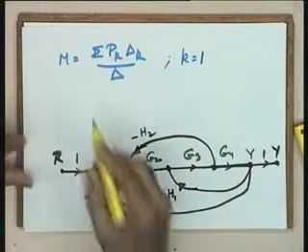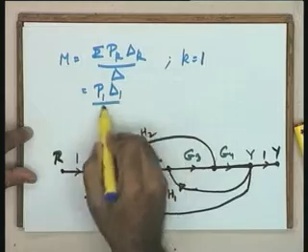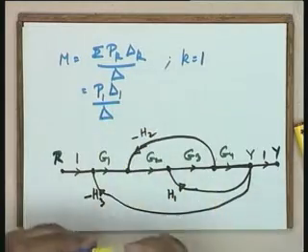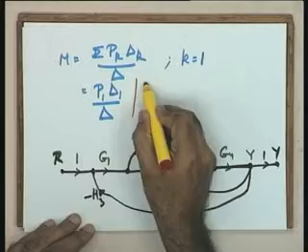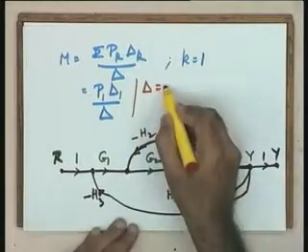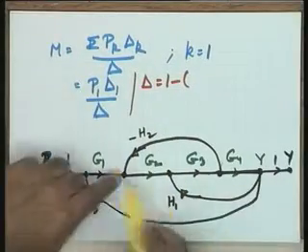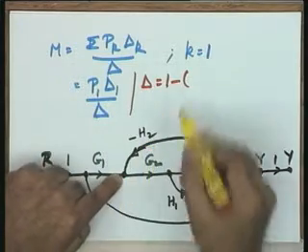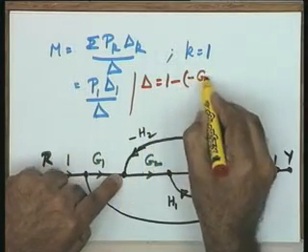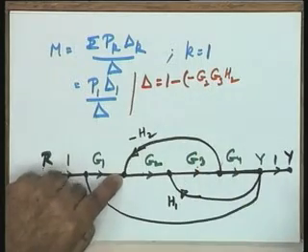K is equal to 1, and therefore, my formula now becomes P1 delta 1 over delta. Look at delta now. Delta, I now take it here itself, 1 minus loop gains. Loop gains, how many loops? This is one loop, G2 G3 into minus H2. So, I am taking it minus G2 G3 H2. This is one loop.